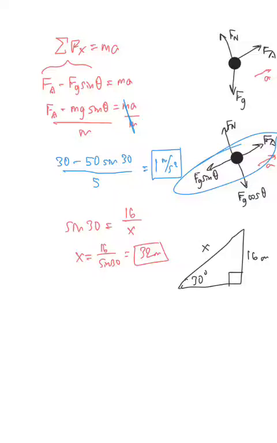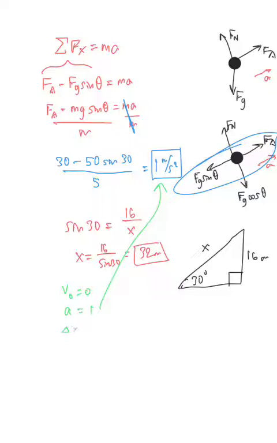Calculate the speed of the box when it's halfway up the ramp. We're just going to use some basic kinematics for this part and for the next part as well. So we know that the box started from rest at the bottom of the ramp, so V0 is 0. The acceleration was the 1 from up here.